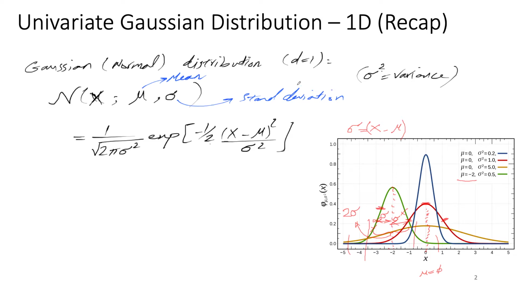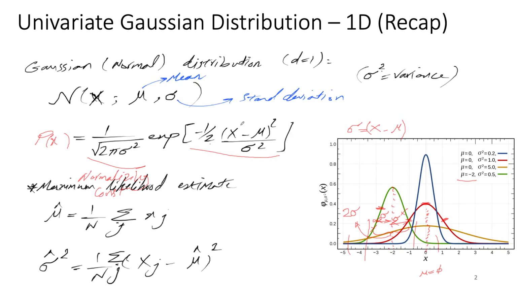We talked about the probability that this gives us. We talked about this as a normalizing constant, and then that's an exponential of a quadratic function. That's going to give you an estimate of your true probability, right?